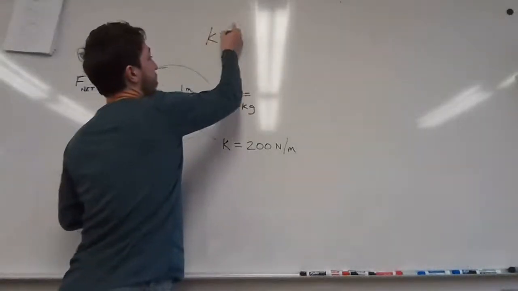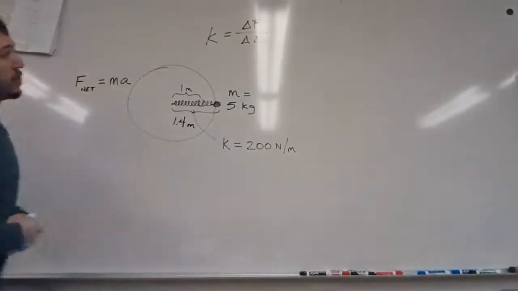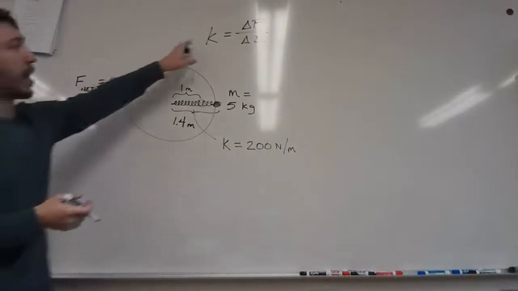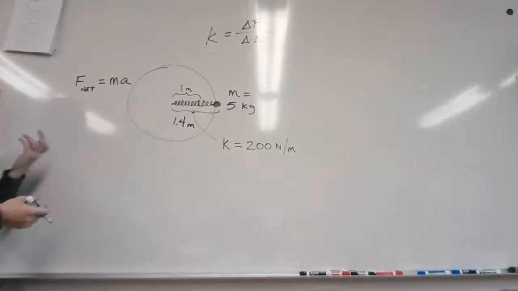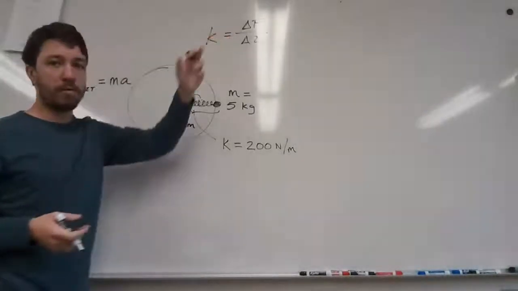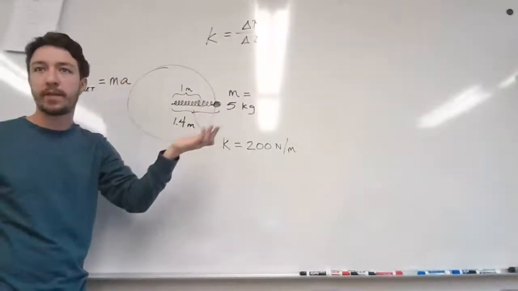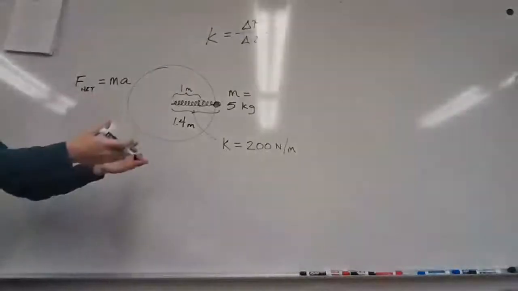Okay, so our definition is the change in force over the change in length gives us K. So if we kind of rearrange that formula, we'd say that the force is K times the change in length, right? So what was the change in length? And I know it's a change in force, but what was the spring originally providing? Before it started moving, it was 0, right? So the change in force is the final force.